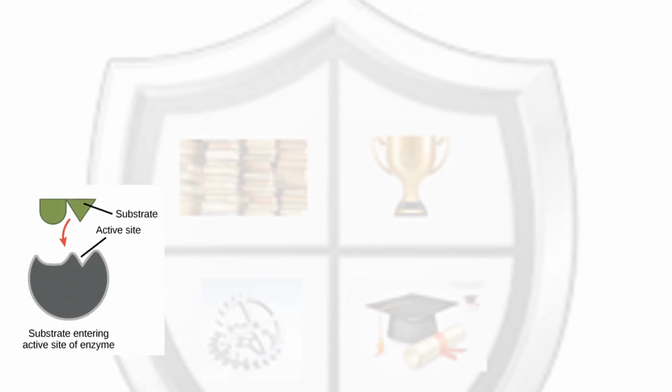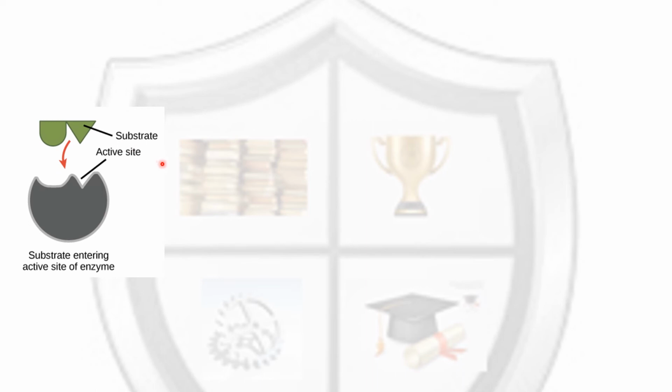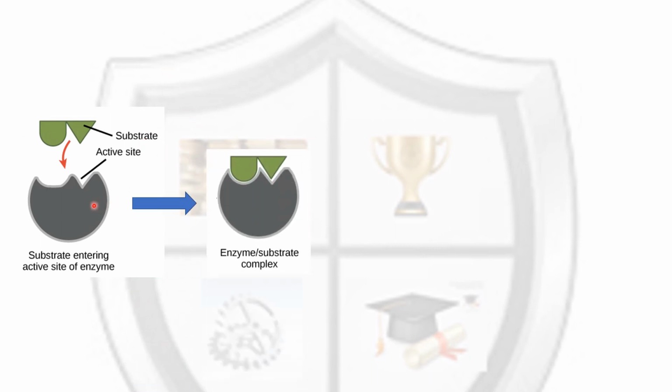Now, how do enzymes actually catalyze? We're going to look at the steps. First, we have the substrate entering the active site of the enzyme. So this represents our enzyme, and this green structure represents our substrate. The substrate enters the active site of the enzyme to form what is known as an enzyme substrate complex.